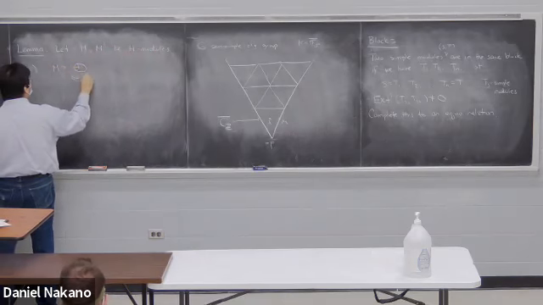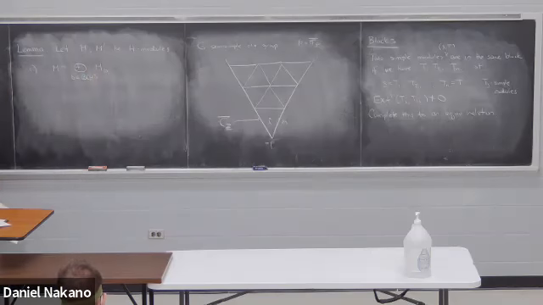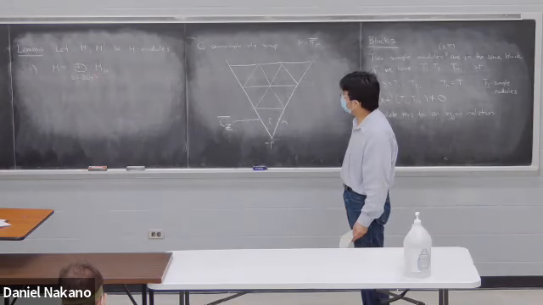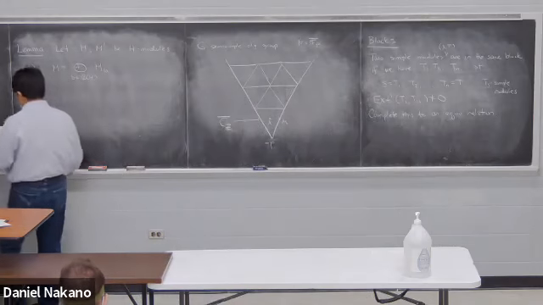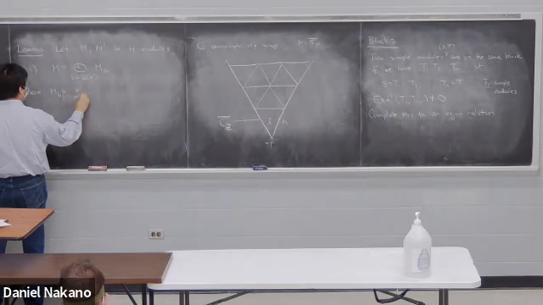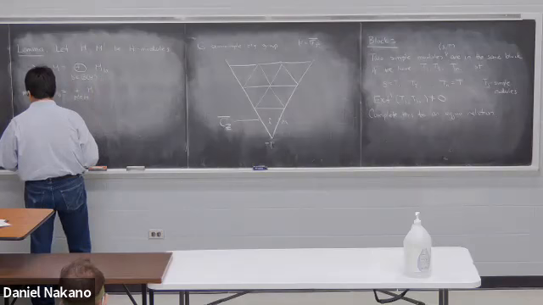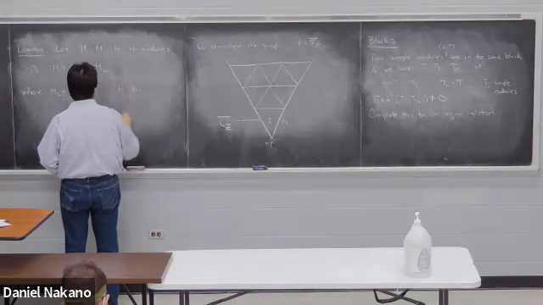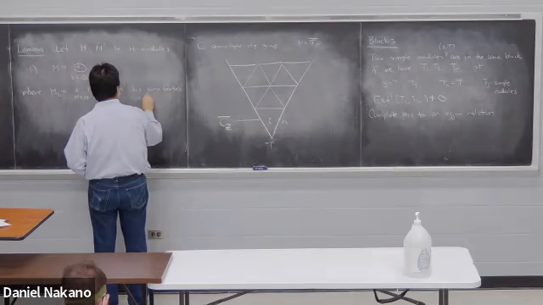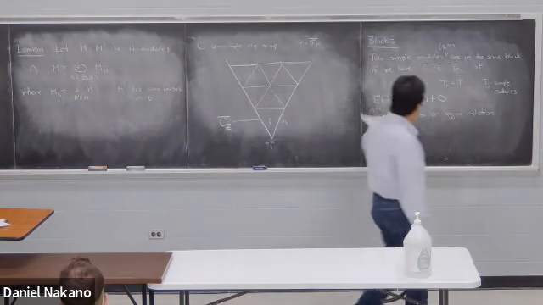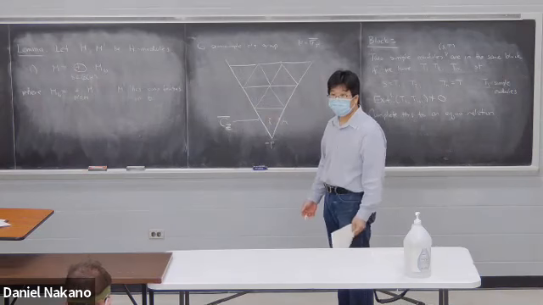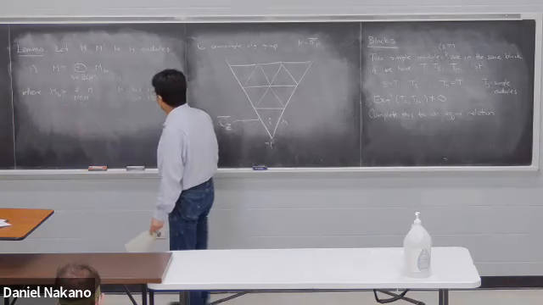Basically, you're taking all the parts of the module which have composition factors in that block as M_B, where M_B is the sum of all submodules of M which have composition factors in B. So I put this equivalence relation on simple modules, locating all the simple modules in the block B, and then you take the sum of all the things inside of M which have those composition factors.